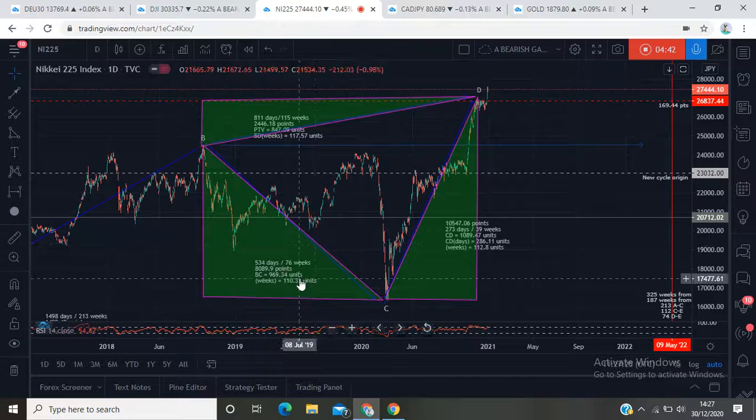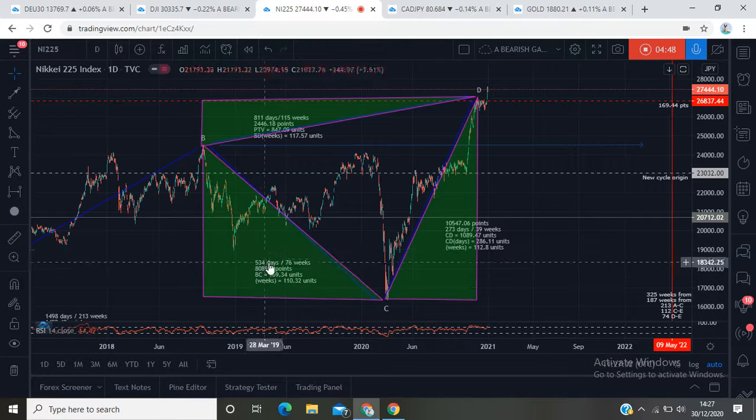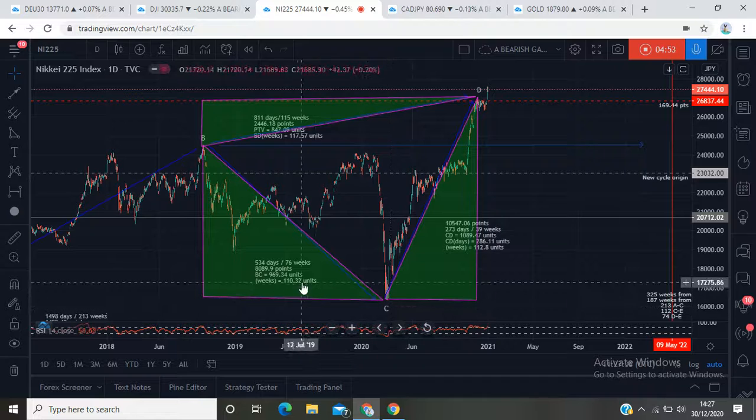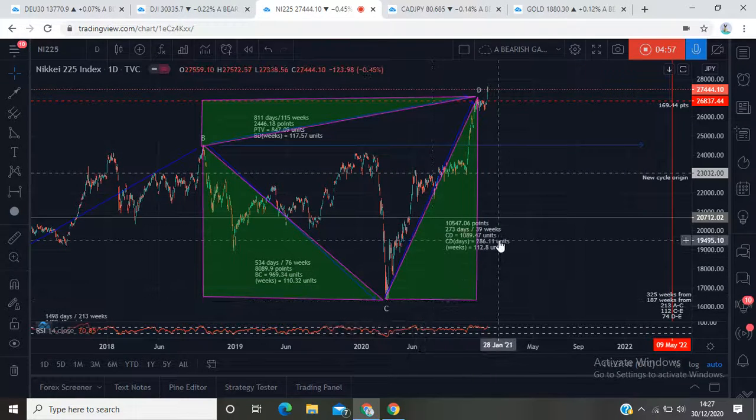And if we look closely, we can see that in the time measurement we have 76 weeks and 36 weeks. That is, B to C is 76 weeks, sorry, and then C to D was 36 weeks.